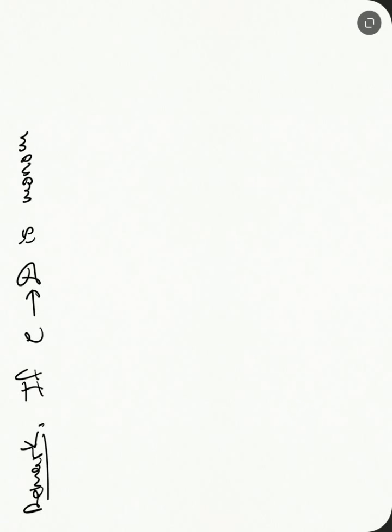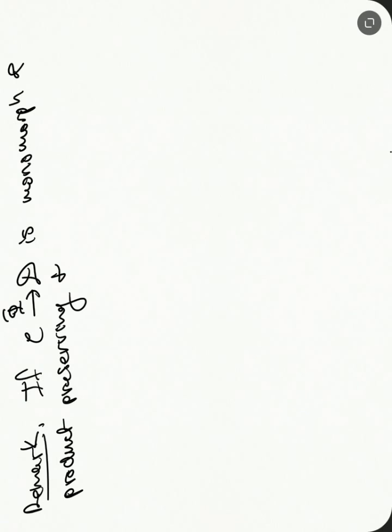Let me just remark, if C to D is monomorphism preserving and product preserving, let's call this phi, then we get an induced functor.